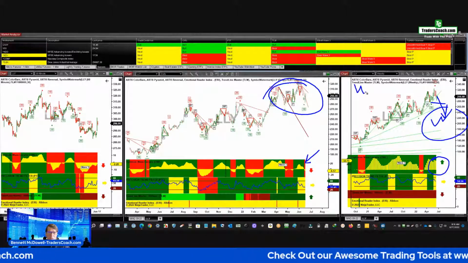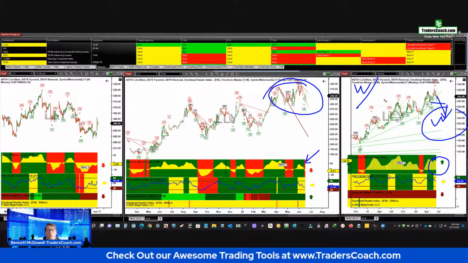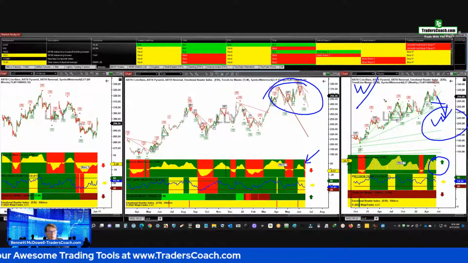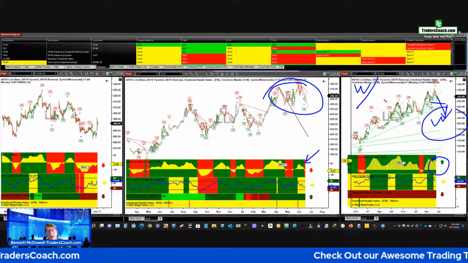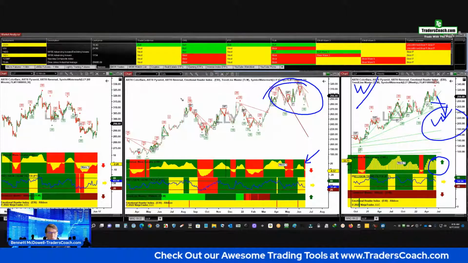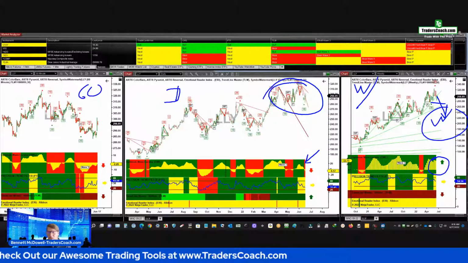When you talk about a weekly chart, a great way to look at this is to think of the weekly chart like an aircraft carrier, okay? It's hard to turn that big ship. It's the last ship to turn in the fleet, in terms of how fast or slowly it can turn. Whereas the smaller charts, the daily and even the 60, represent your smaller ships that can turn quicker.